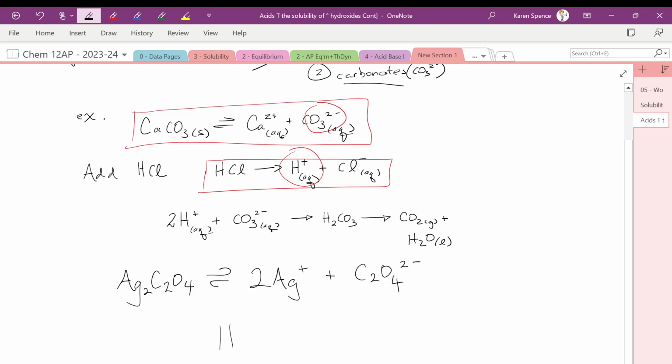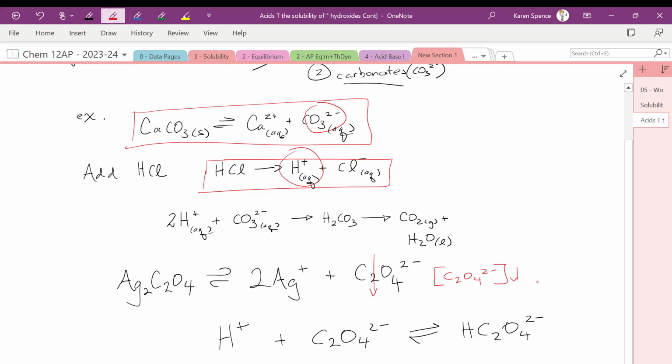Okay, so we know that H plus can react with C2O4 because it is a weak base. And if that happens, the concentration of C2O4 2 minus decreases.